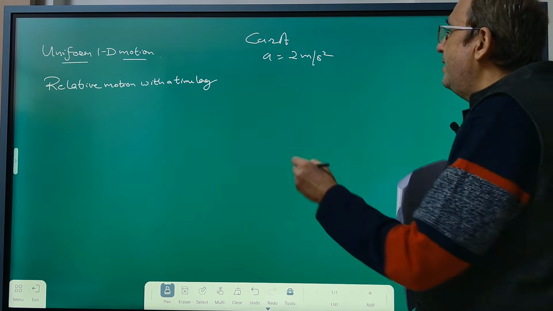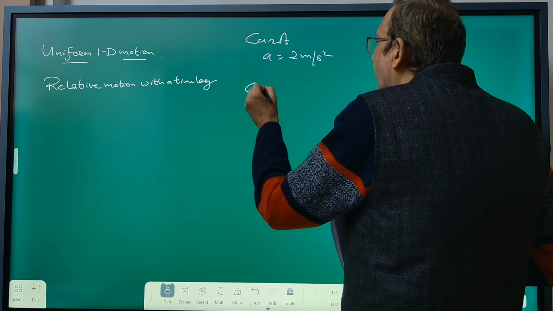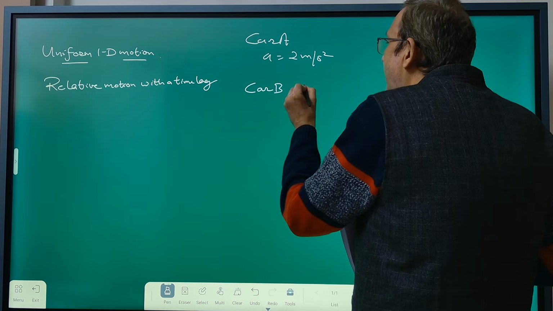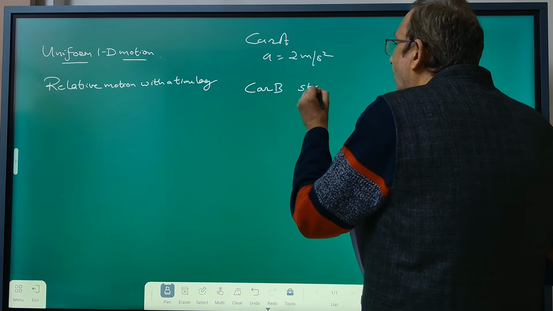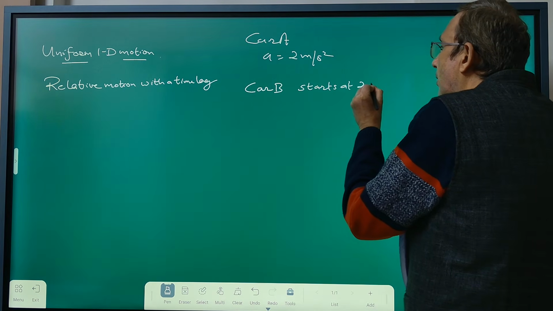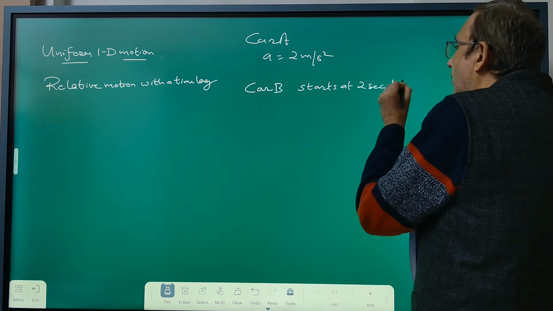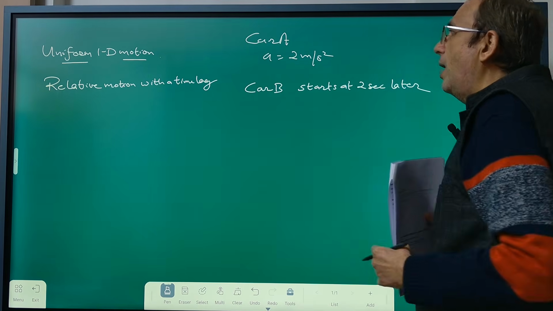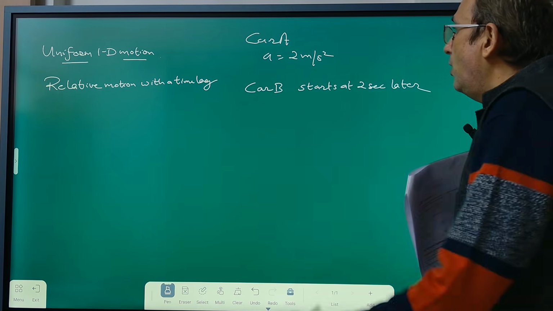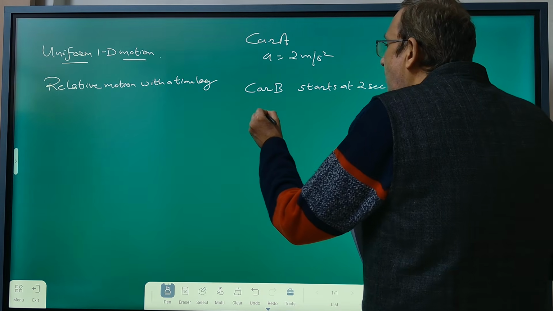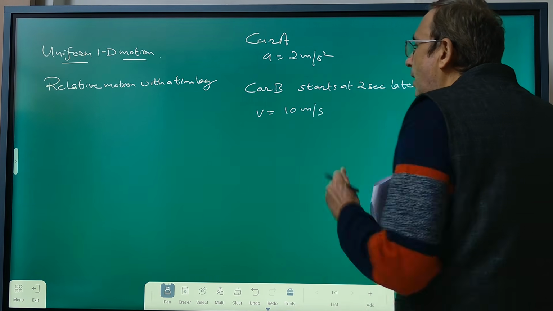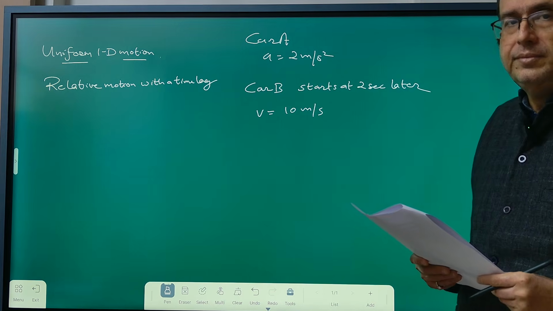And then 2 seconds later you have a car B which starts 2 seconds later, and it has a constant velocity. So the velocity of the car is 10 meters per second and it is constant.